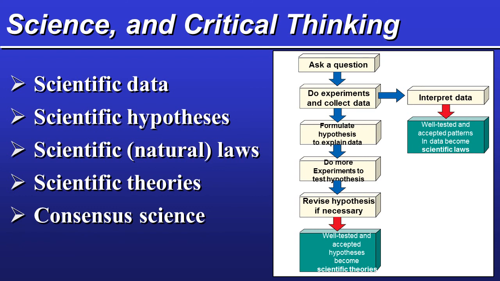Consensus science consists of data, theories, and laws that scientists that are considered experts in their field of study widely accept as being sound science. And finally, frontier science is where we have scientific breakthroughs that are occurring, yet they haven't been thoroughly tested yet. So they're on the verge of new discovery.